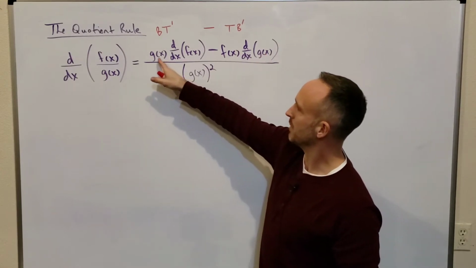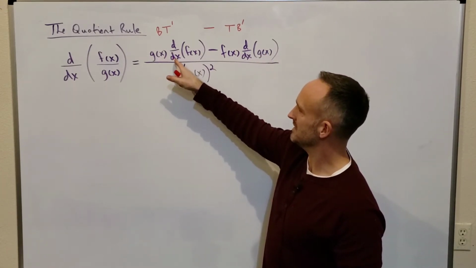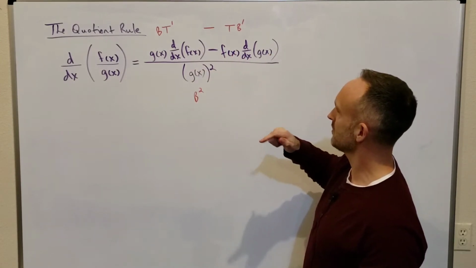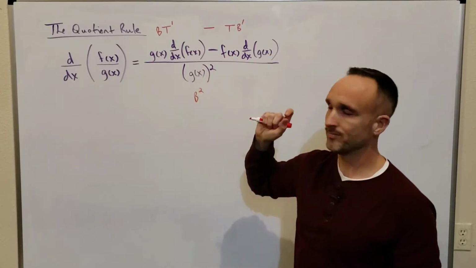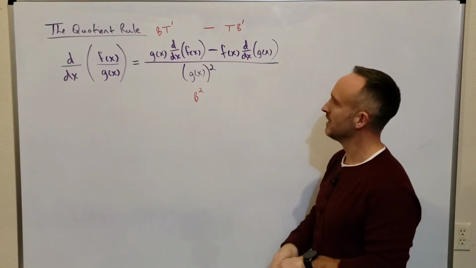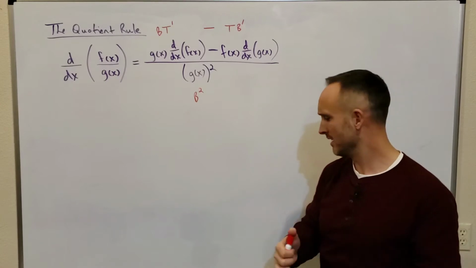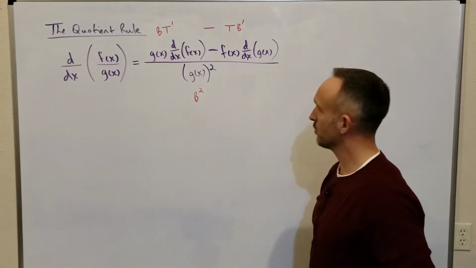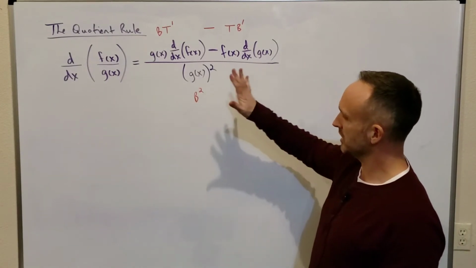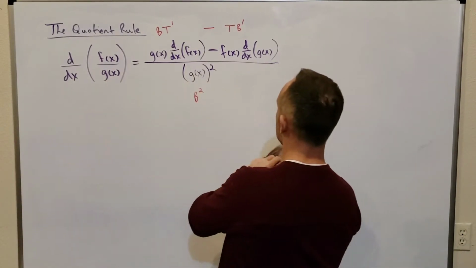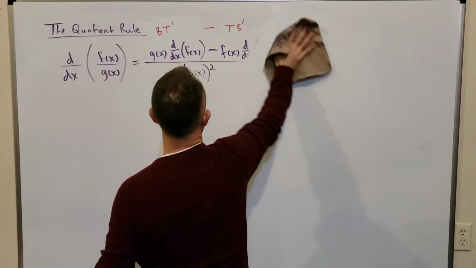So bottom is low, d high minus high d low over low squared. That's another way you could remember that. I'm more inclined to do the bottom and the top because that's how I practiced a lot as a student. But do whatever works for you. Okay? So you need to know this derivative rule. Let's look at an example involving this rule now.